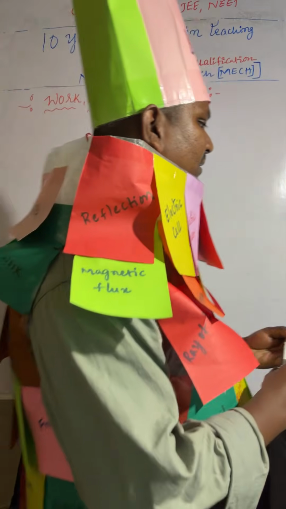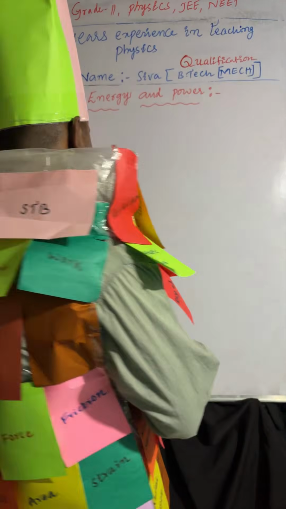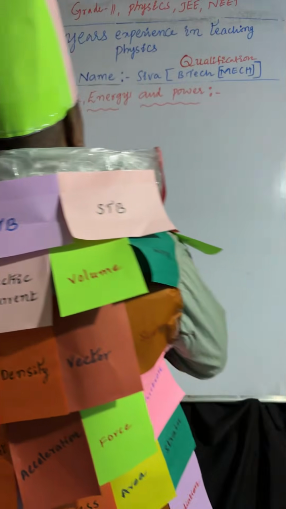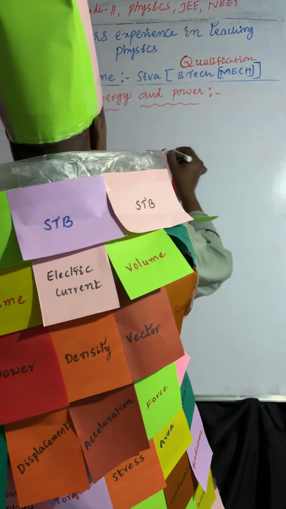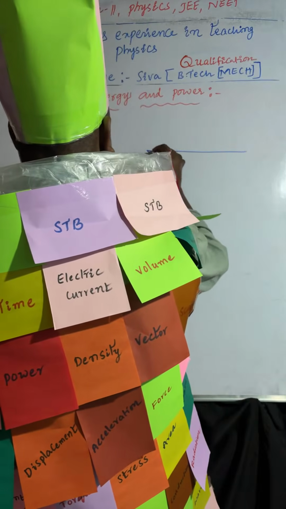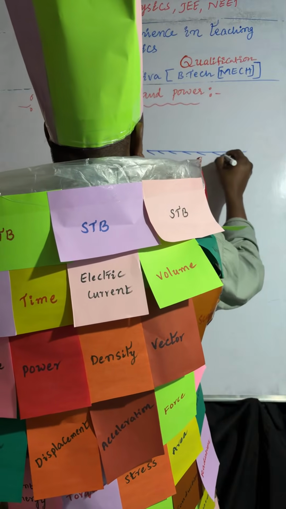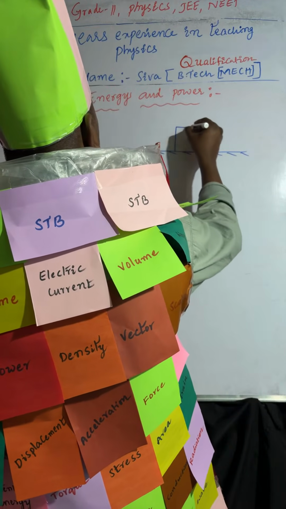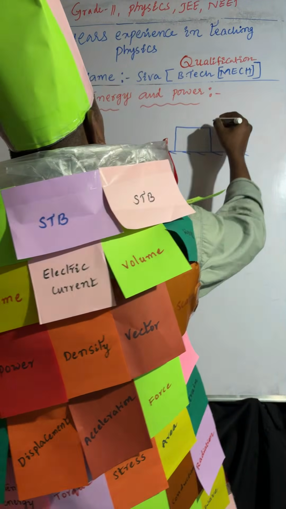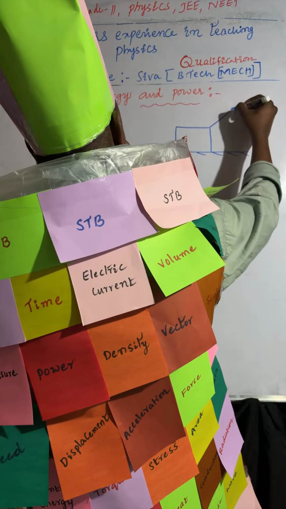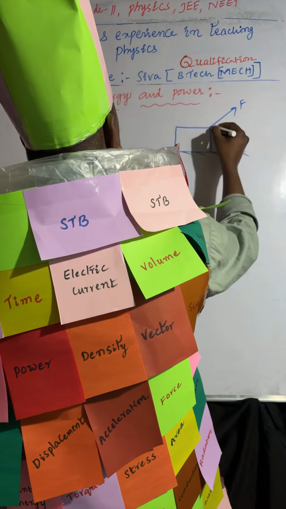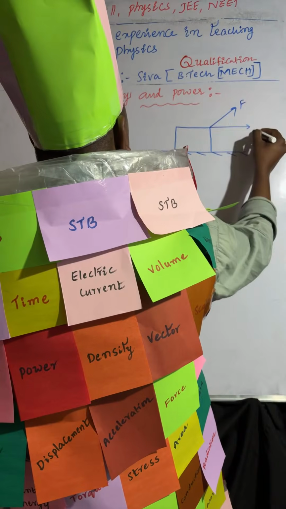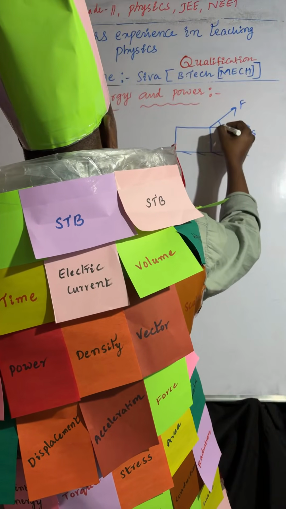There are three types of work done, based on the force and displacement acting on the object. Here I am taking this object and applying force on it. This is the force and this is the displacement.